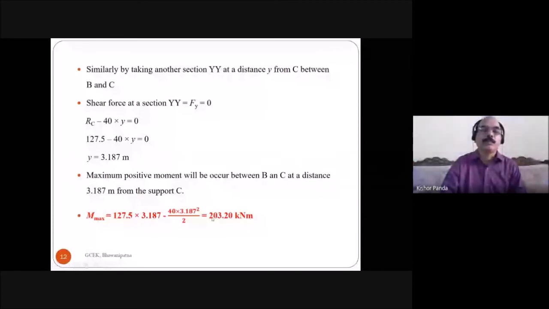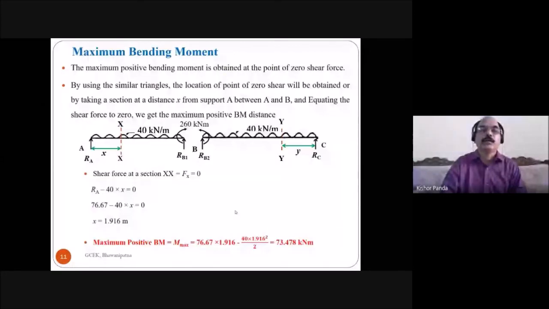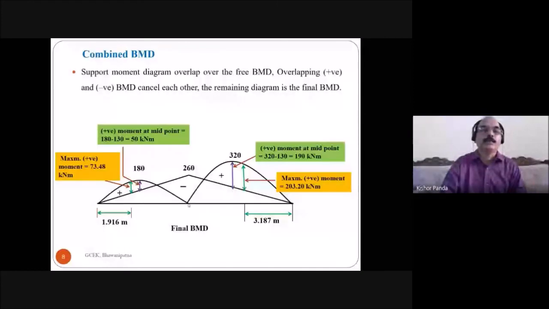Then after getting the maximum positive moment, on the bending moment diagram, the maximum positive moment in span AB you get at a distance 1.916 meter from the support, and this is 73.48 kilonewton meter.